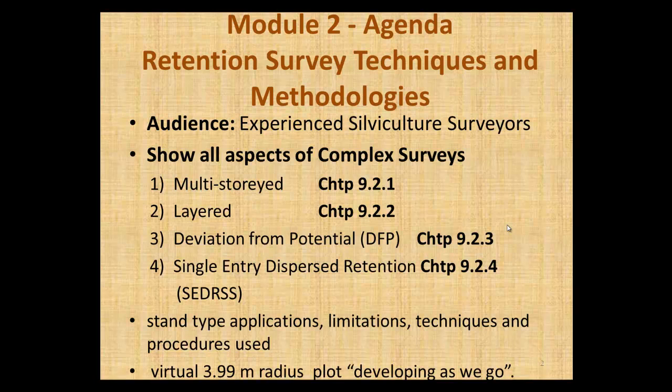The existing manual on the website is the 2014 one, and the April 1st, 2015 version will have the same chapter numbers as well. We're going to go over different stand type applications, limitations, techniques, and procedures appropriate for the different survey methodologies, and then do a virtual 3.99 radius plot, because we're virtual here.